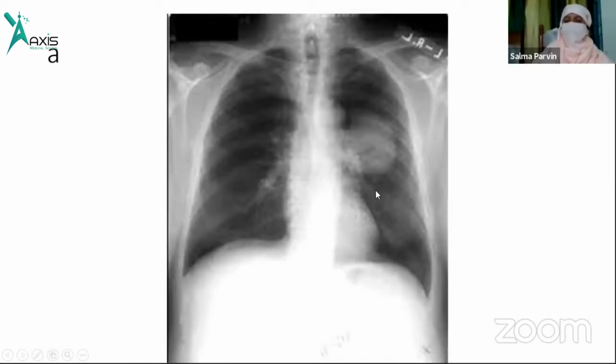So what is the distinction here? A mass lesion is present in the parahilar region of the left lung, and there is partial invasion at least of the hilum at a suprahilar location.